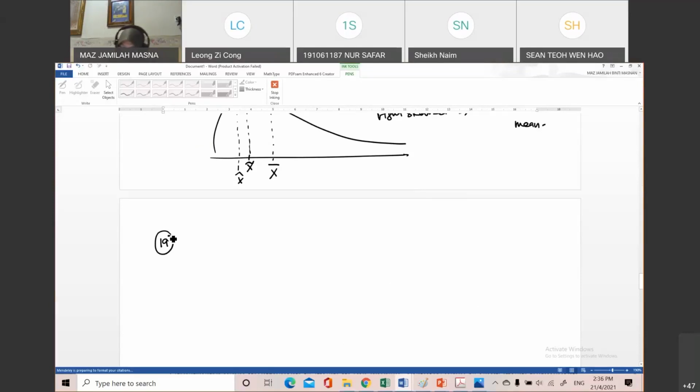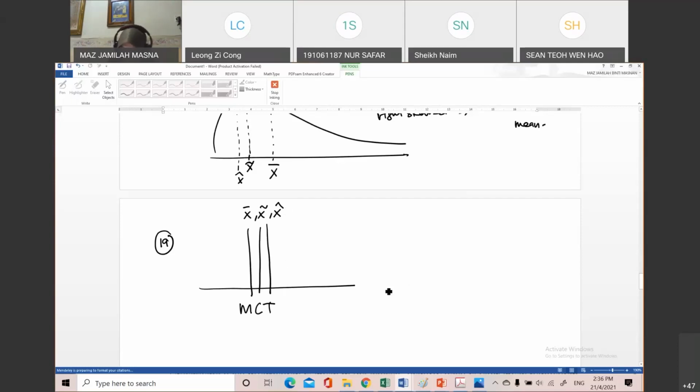When we are talking about measure of central tendency, we are talking about the center of data. So we are talking about the mean, the mode, and the median, the x bar, x curly, and x mode. Everything is centered in the middle.